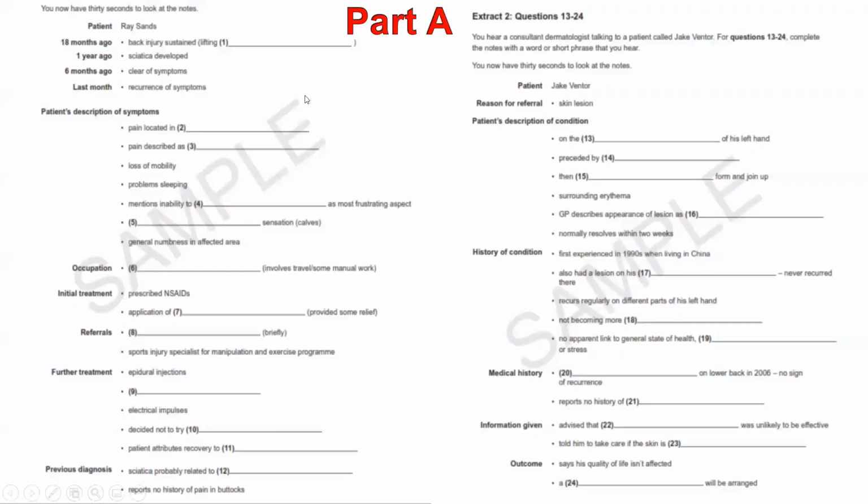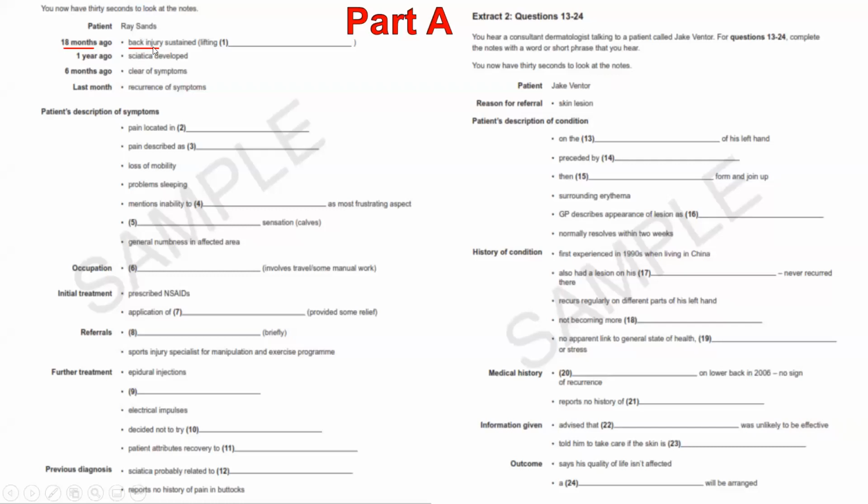So this is the sample for part A. As you see here, at the start, we have the patient's name, Ray Sands, and here we have this main item: 18 months ago, then 1 year ago, then 6 months ago, then last month. Past, like past medical history.